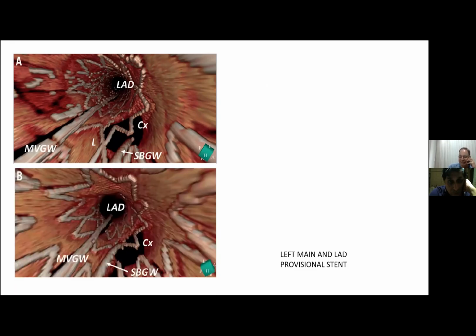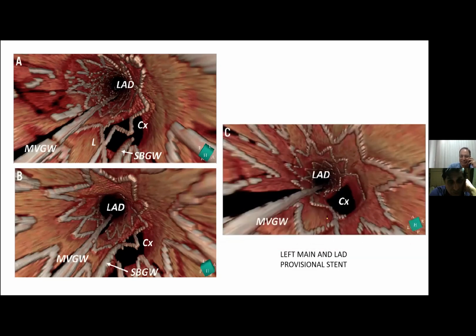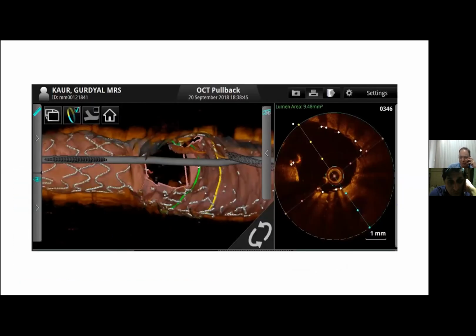If you change your wire position, as has been done, with the wire now coming through this part, you will get openings like this, because you push these struts towards the circumflex wall, not against the LAD wall. These simple things are initially difficult to understand, but once you start using the fly-through views and the 3D reconstruction, bifurcation becomes really nice and good to do.